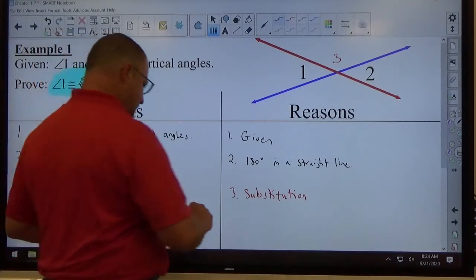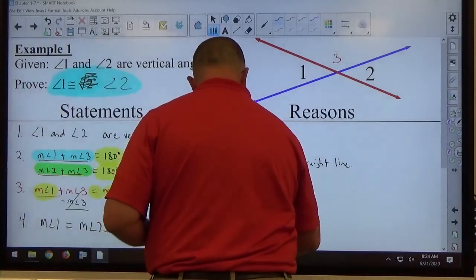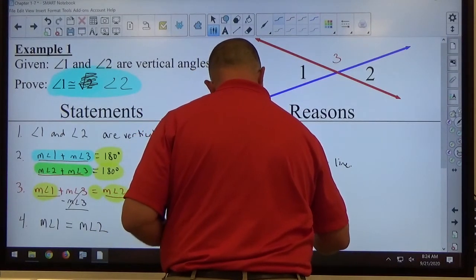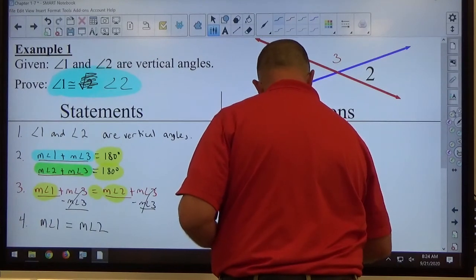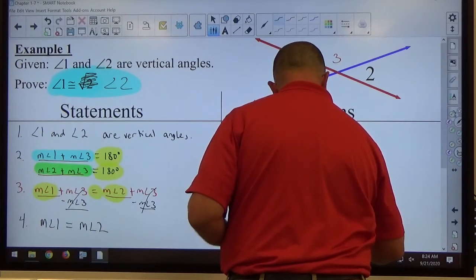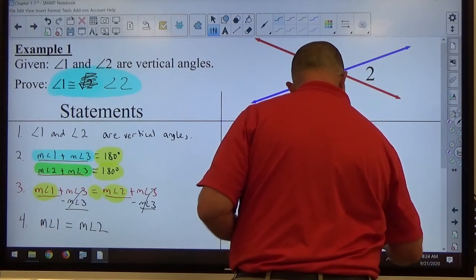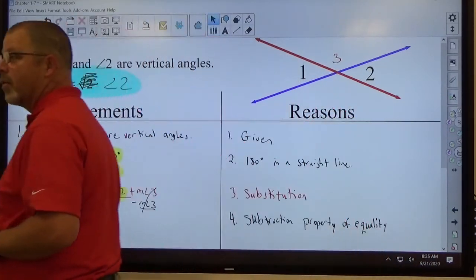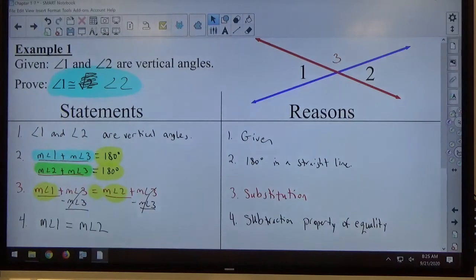And the rule for that is the subtraction property of equality. Again, the subtraction property of equality says if two things equal each other, then you can subtract the same amount from both sides.